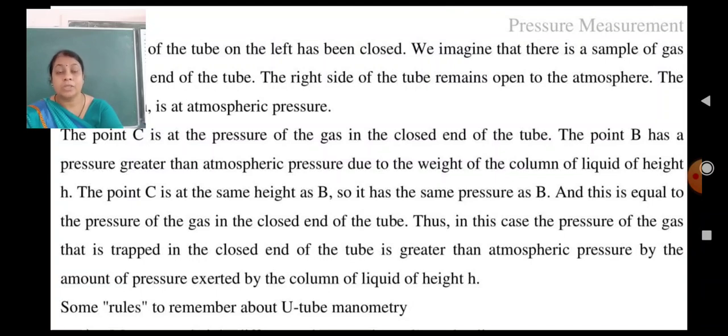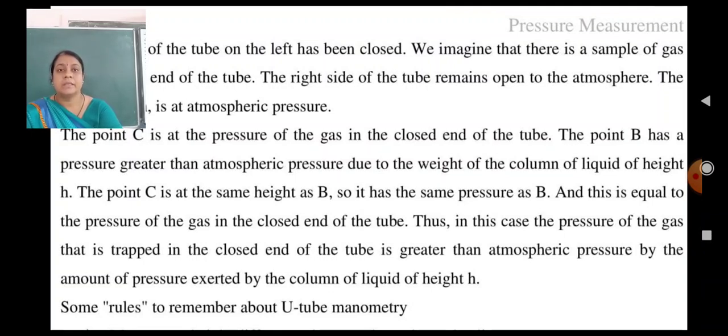Why? Because of the weight of the column of liquid of height h. The point C is at the same height as B, so it has the same pressure as B.